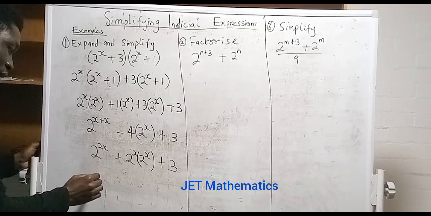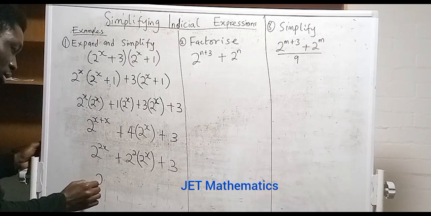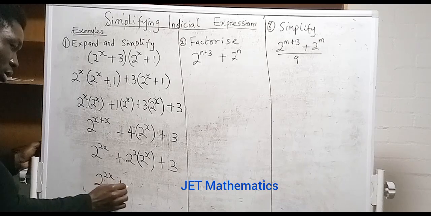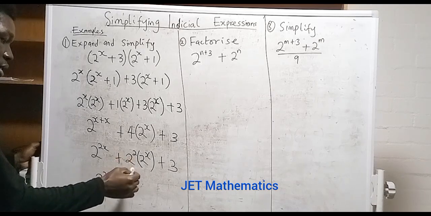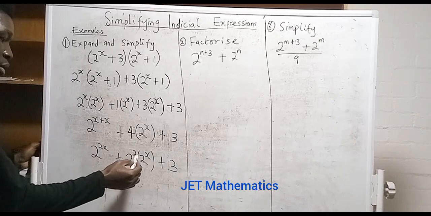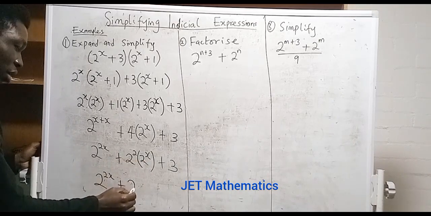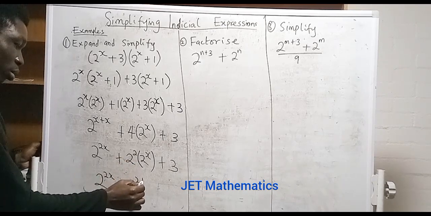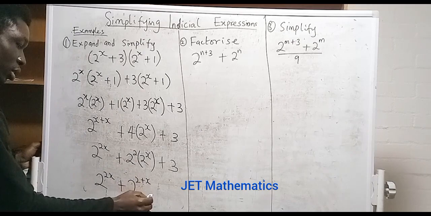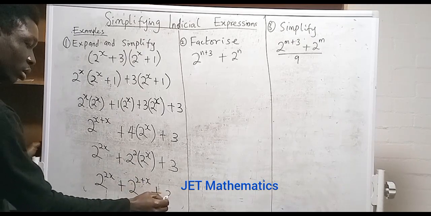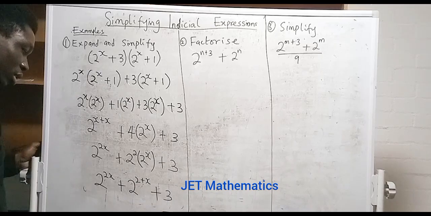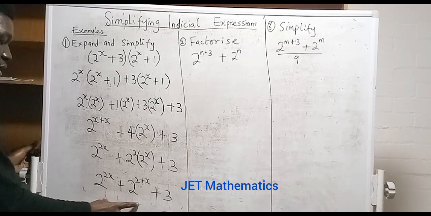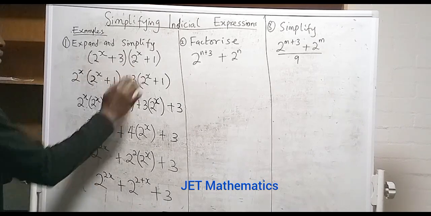So here we have again 2 raised to the power 2x plus the same base, so we can sum up the power, so we still have here 2 raised to the power 2 plus x, and then plus 3. I think this is how far we can go. So this is the simplified form of this.